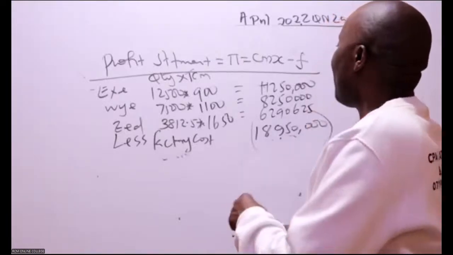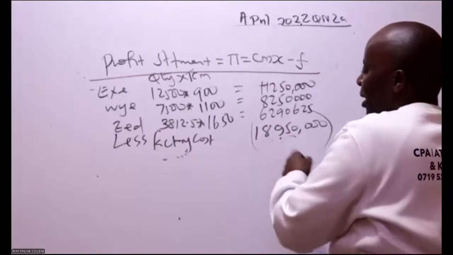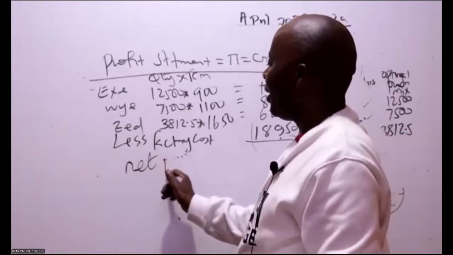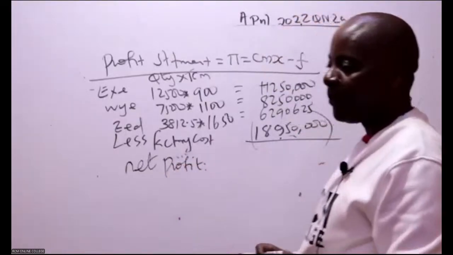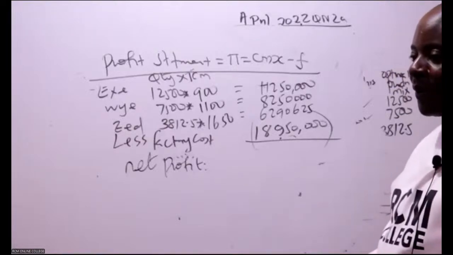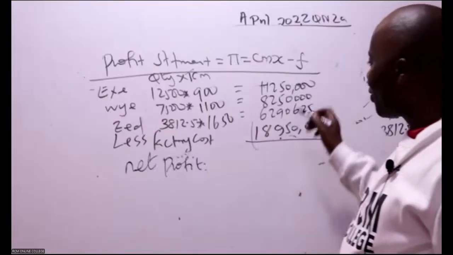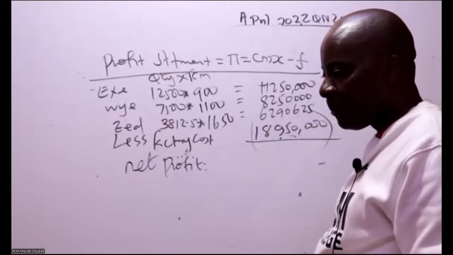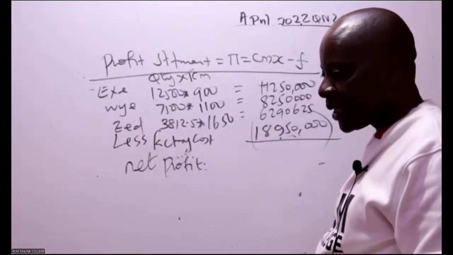So can someone do me a favor? Take this plus this plus this minus this. Give me the net profit. If you do it that way, then you'll be able to get all the marks. So I'm being given 86.